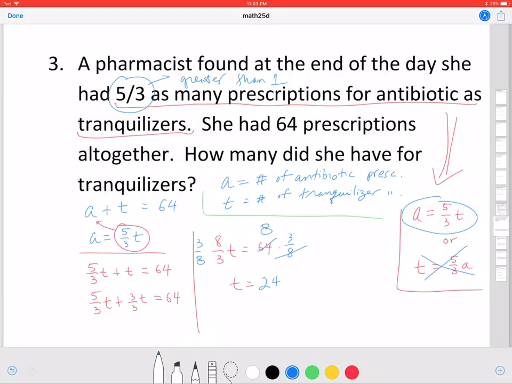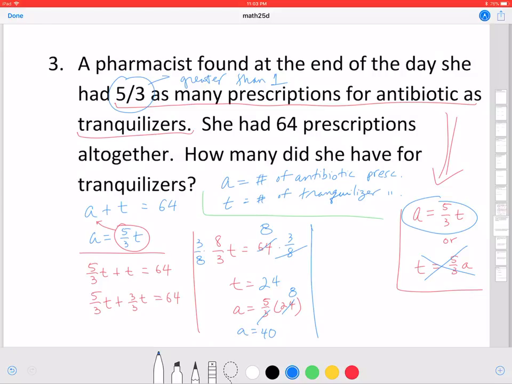Then A is 5/3 of that. Can cancel, so A is equal to 40. All right, so we found that 24 tranquilizers were prescribed and 40 antibiotics were prescribed. And we can verify 24 plus 40 is indeed 64 total prescriptions, and 40 is 5/3 of 24.